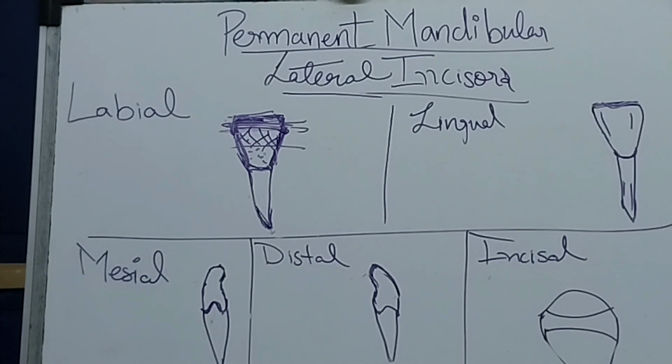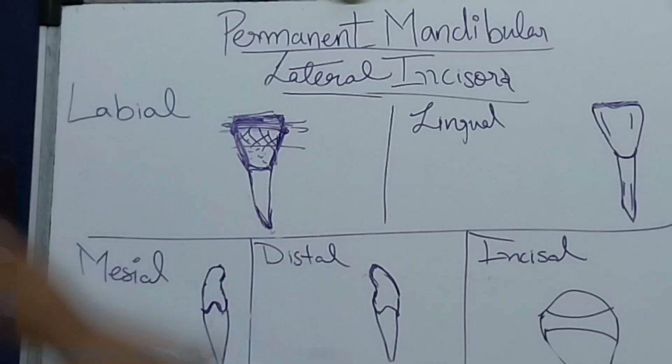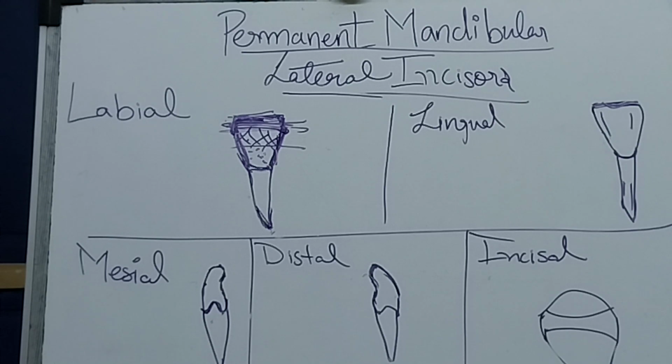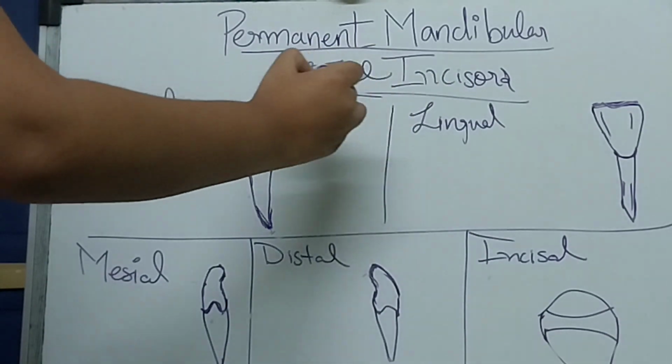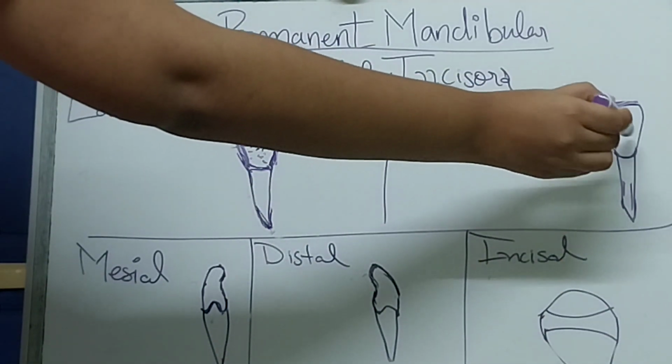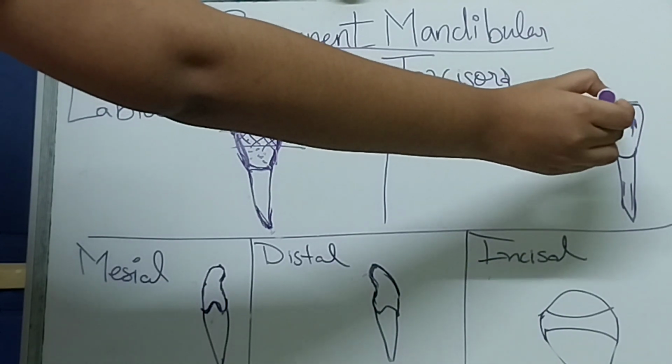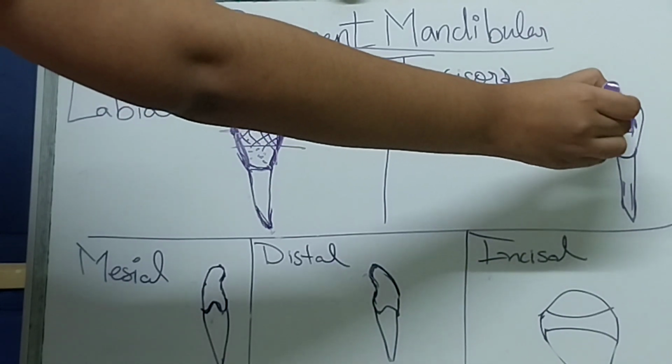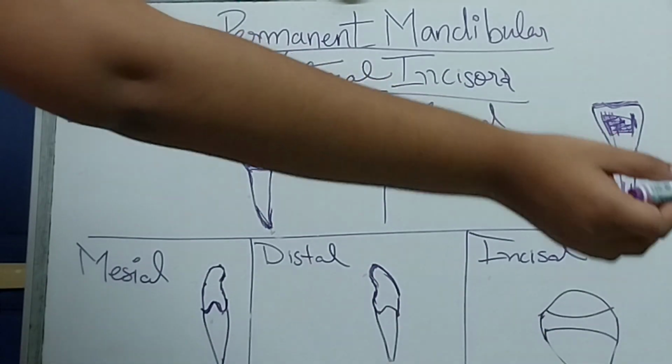What does this mean? So the crown is smooth and straight, and there is a slight convexity at the incisal third between the less prominent marginal ridges. In the lateral incisor, the marginal ridges are not that prominent, but there are marginal ridges over here, and this convexity is what we call the lingual fossa.